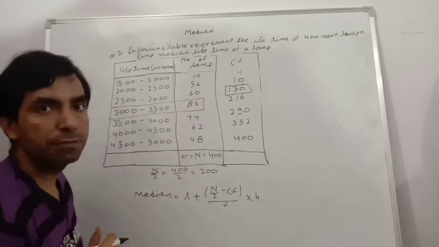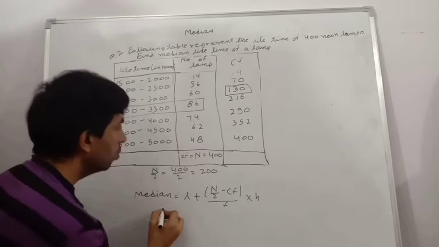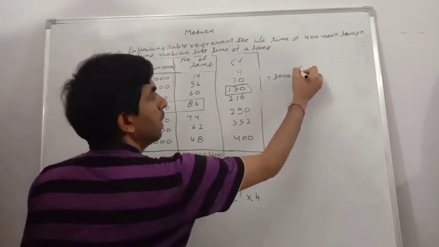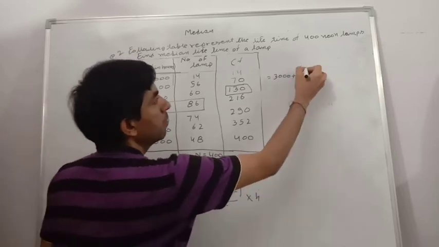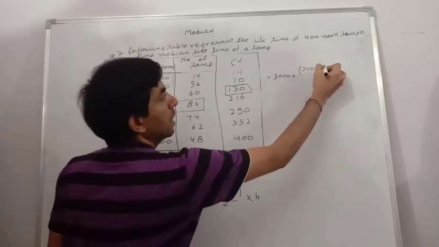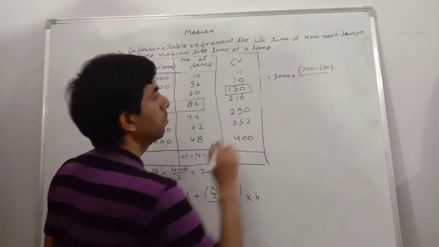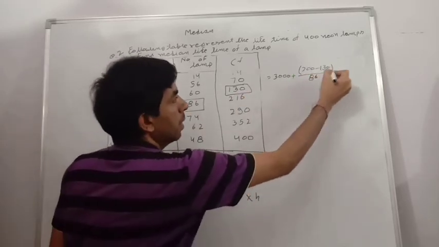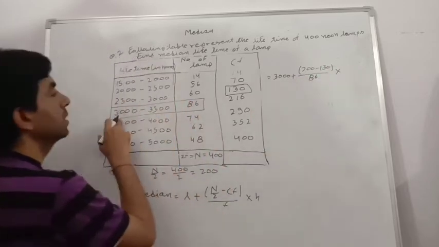Now we put these values in the formula. So 3000 plus, in brackets, n upon 2 which is 200, minus 130, upon frequency, that is 86, multiply difference, which is 500.